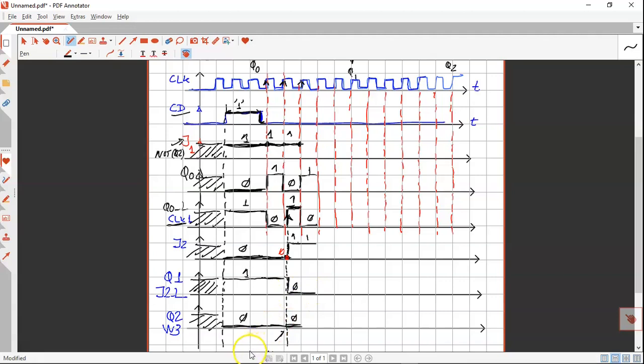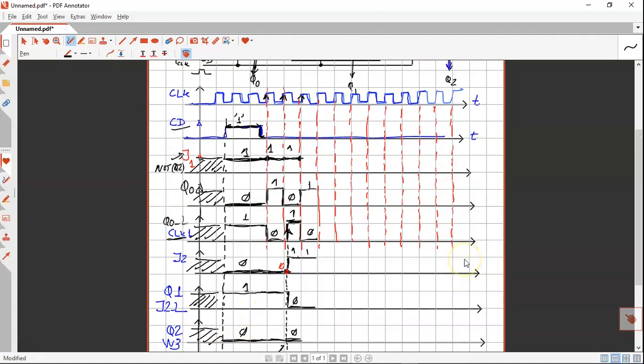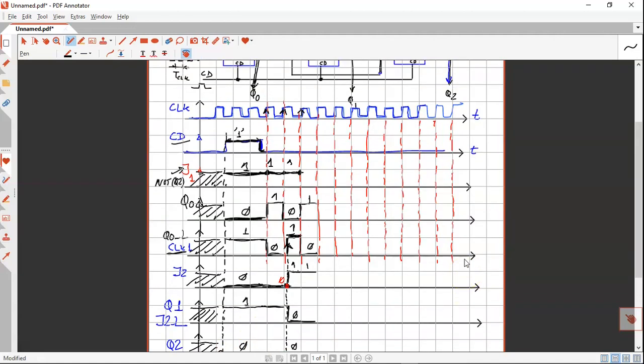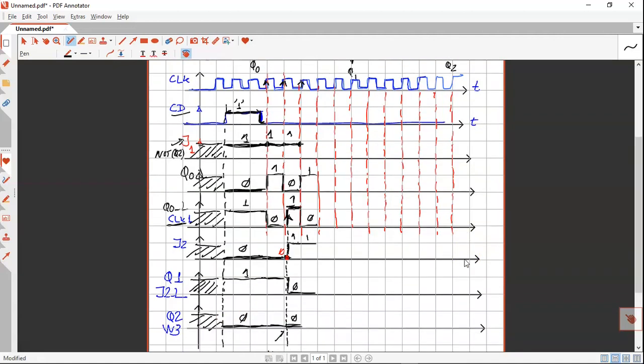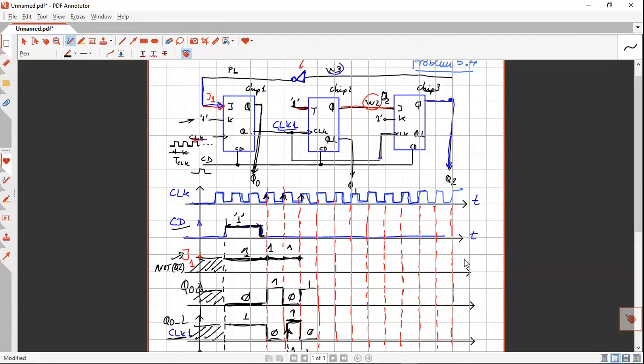Okay. And so if this is kept low, okay, J2 low, now you know that the 3 is the same as the 2.